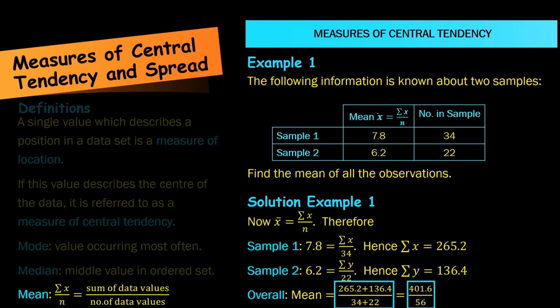And this gives us 401.6 divided by 56, which is equal to 7.2. So the overall mean is 7.2.